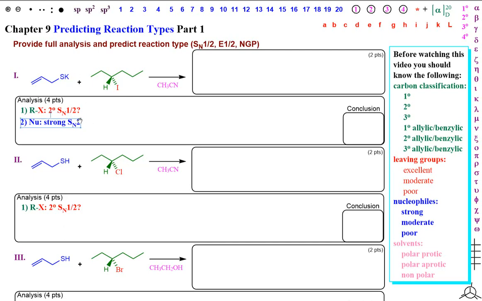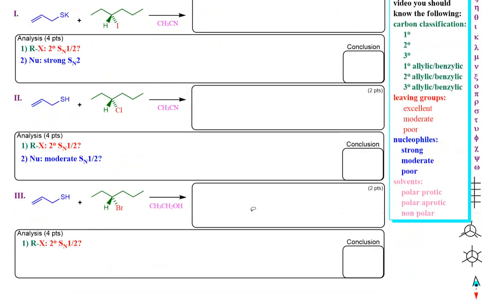In the second one, the nucleophile is a neutral sulfur. Being neutral makes it less reactive towards positive charges. It goes down to the moderate nucleophile category. Moderate category means we do not know whether it's SN1 or SN2 based on the nucleophilic analysis, and we have the same category down here.